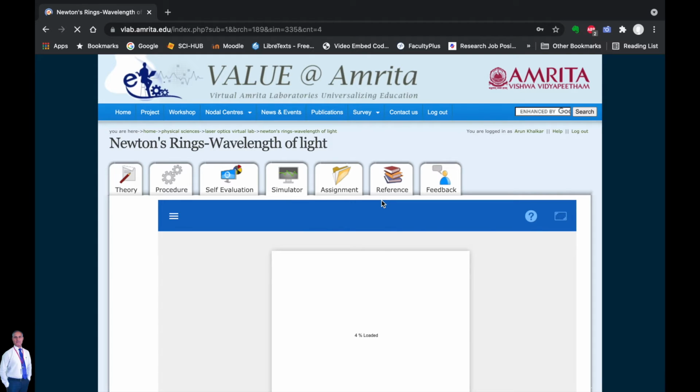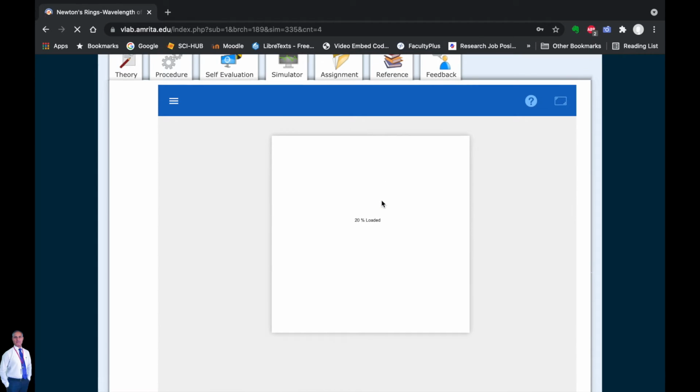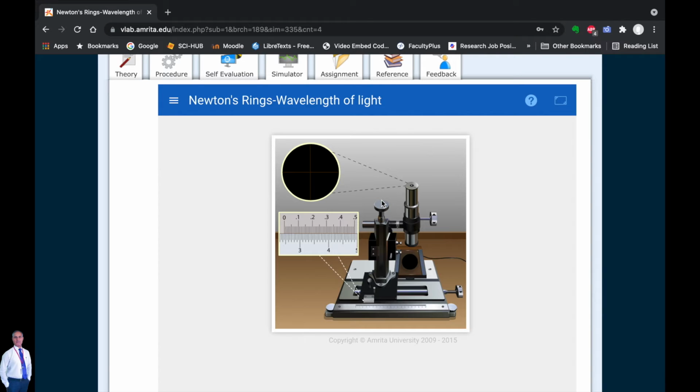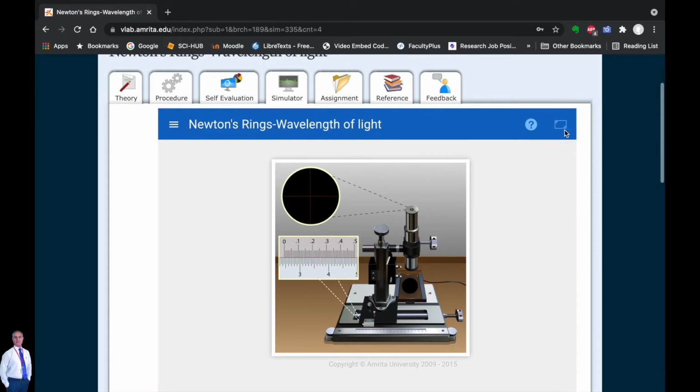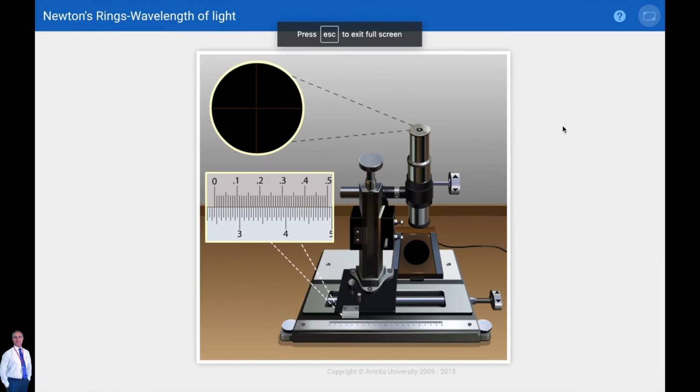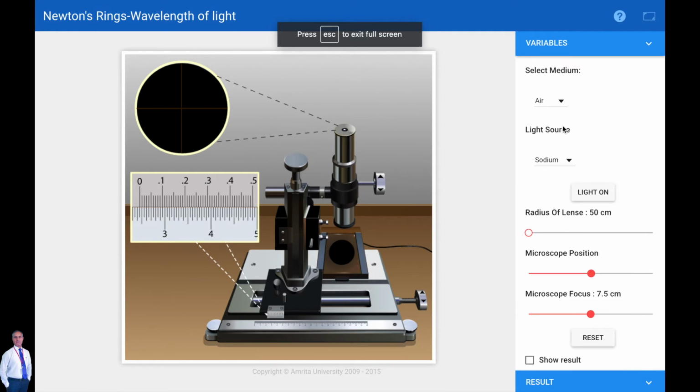If you are opening this website or simulation on a laptop or desktop, then it is very comfortable for you to operate it. If you are opening it on your smartphone, then it may be difficult. Here is a button, a full screen mode. I strongly recommend going for full screen mode.